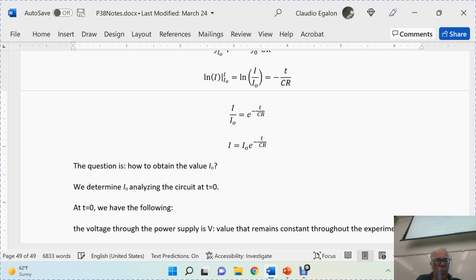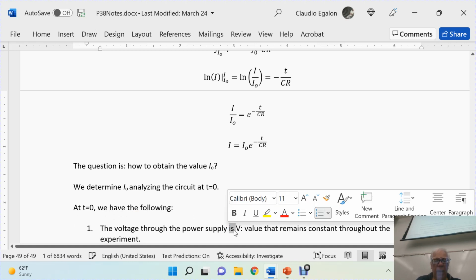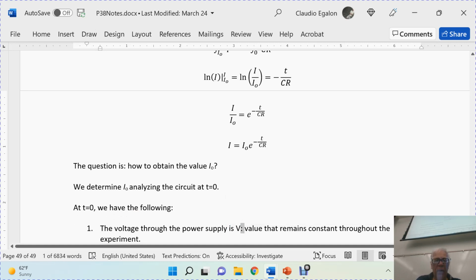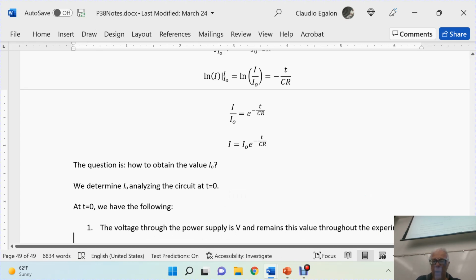Here we go. The voltage through the power supply is V and remains the value throughout the experiment, like that.